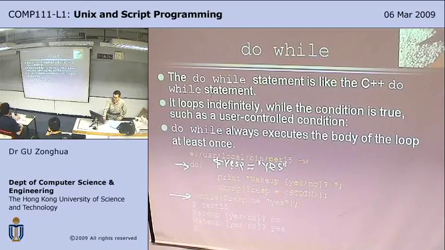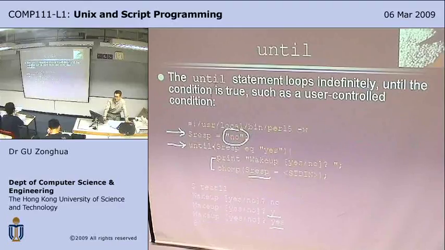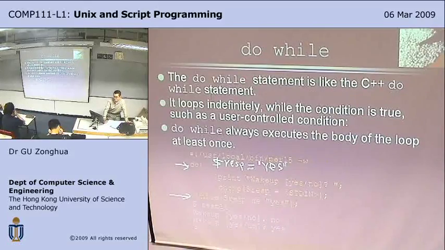So the assignment before the do is essentially useless, because you check the response string at the end of the do loop. While in the previous example, if you have while on top or until on top, you check the response string before the body of the loop. Therefore, if you have response equal to yes here, it won't even go into the loop. It'll skip the loop body. But in here, no matter what you assign to response, it'll always execute the body of the loop at least once.